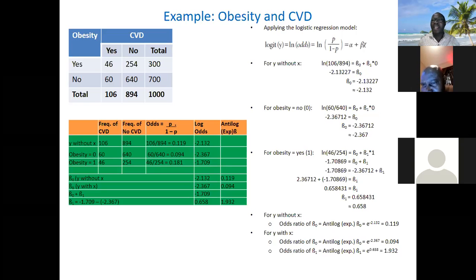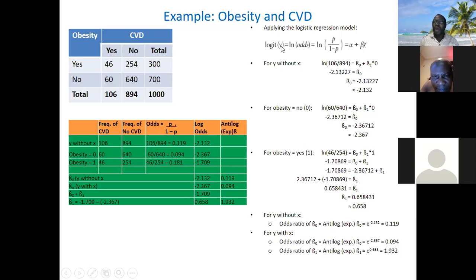What represents y is the natural logarithm of odds, which is the log odds. Here, ln is the natural logarithm, and p over 1 minus p is the odds. That is probability over 1 minus probability.